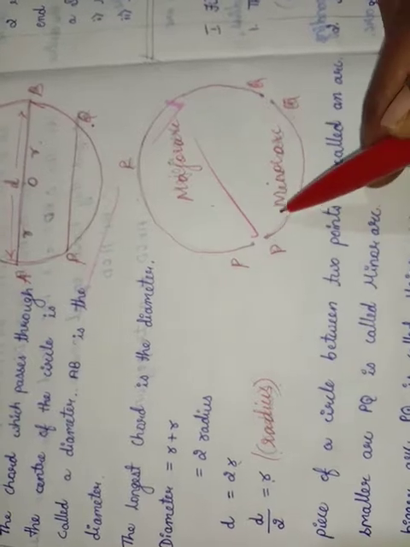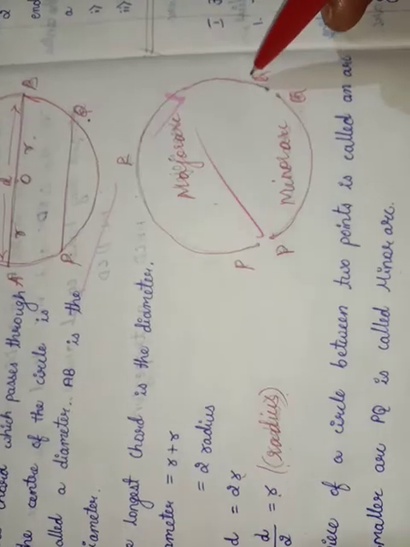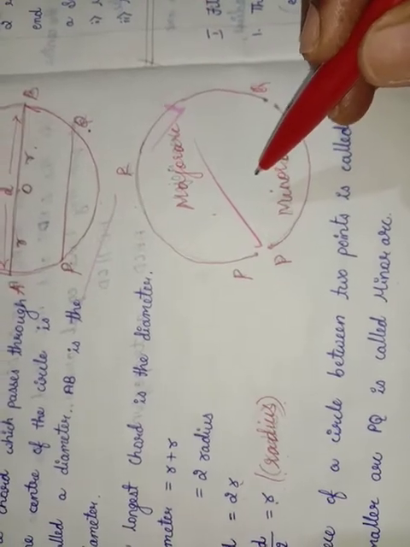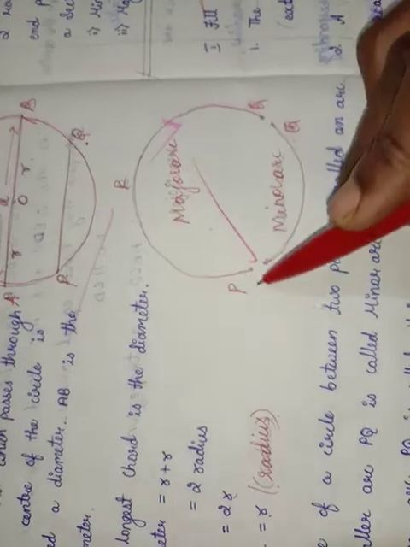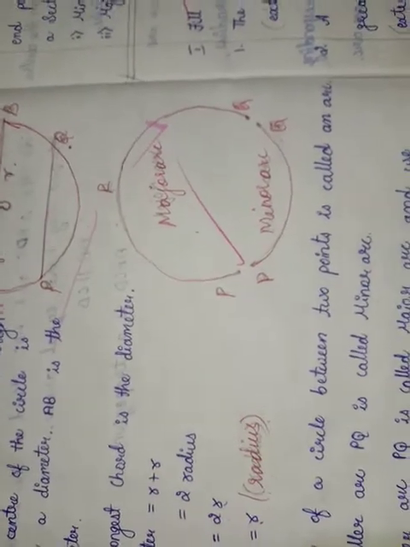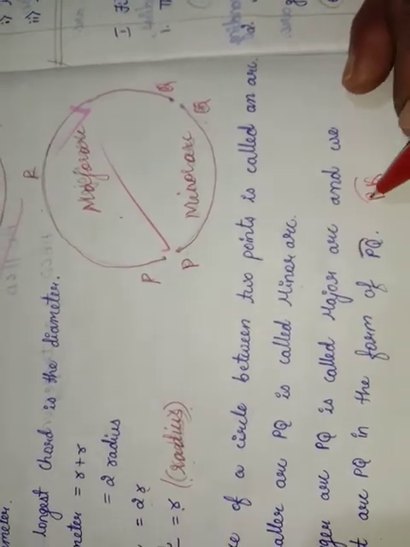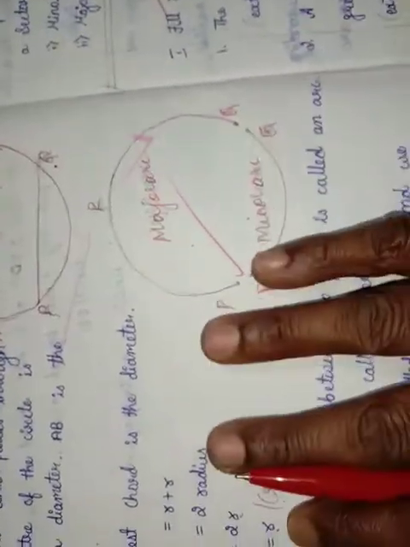Okay, the smaller arc PQ is called a minor arc and the bigger arc PQ is called a major arc, and we can represent it in the form of arc PQ like this.